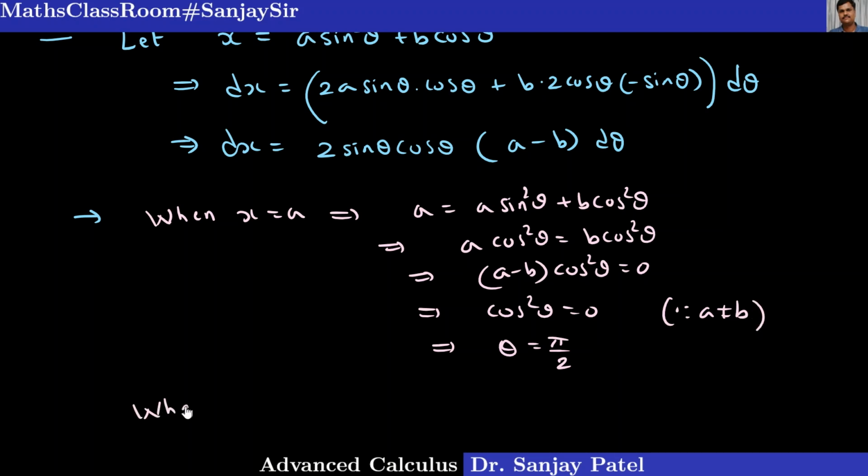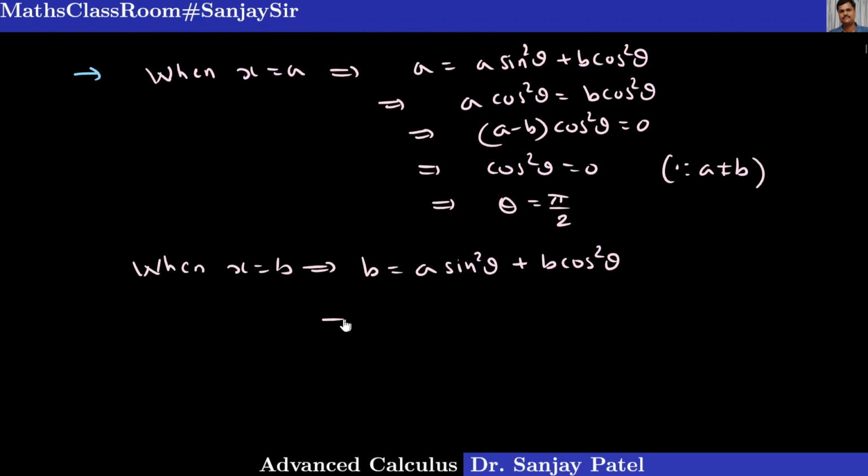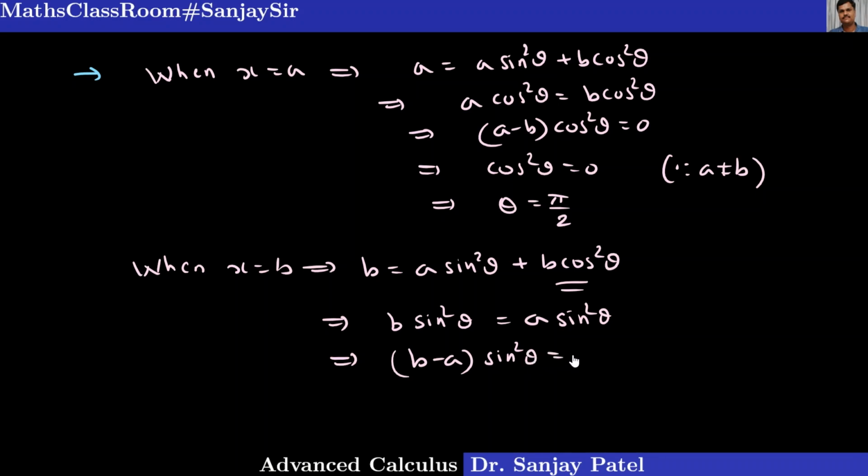Also, when x is equal to b, what you will get is b is equal to a sin square theta plus b cos square theta. If you simplify, taking this term on the other side, you will get b into sin square theta, because 1 minus cos square is sin square, and on the right hand side a into sin square theta. So this gives us b minus a into sin square theta equal to 0.